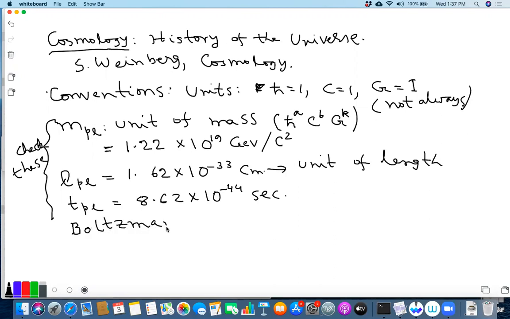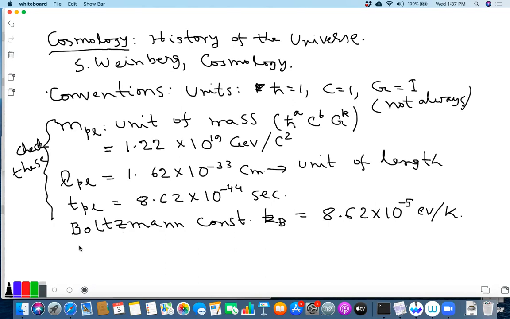This also sometimes we will set equal to 1, but let me just say what the value is. The Boltzmann constant, which I'll denote by k_B, is, I think I might have made a mistake somewhere in the copying, but you should be able to check this, about 10 to the minus 5 electron volt per Kelvin. This one I'm not quite sure, but I'll check this.